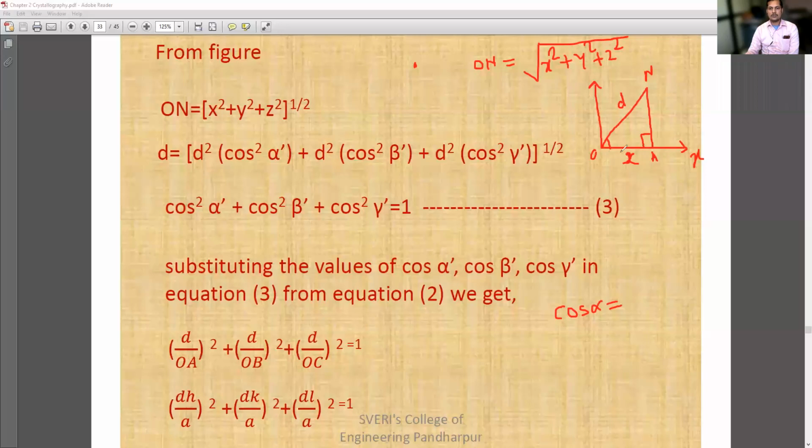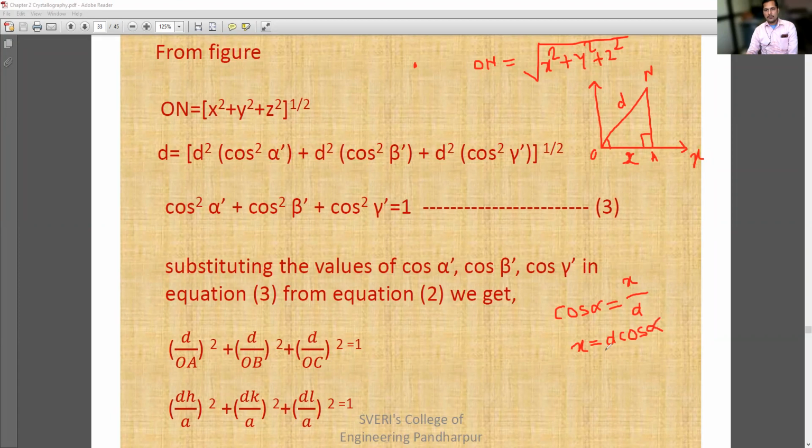Okay, so this is the angle, so the side adjacent to it is what, this x, correct? Divided by hypotenuse. What will the hypotenuse be? d. Simply, what will x be? x is equal to d cos alpha. Is it correct? I request everyone to take a screenshot so that you can get the idea about this.